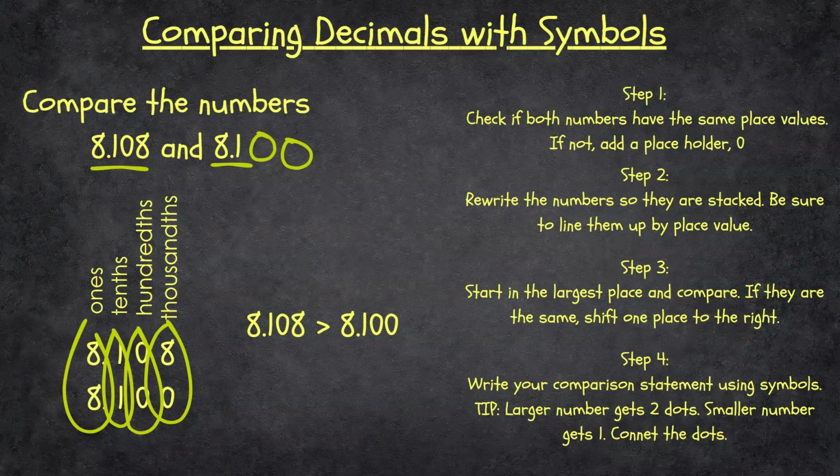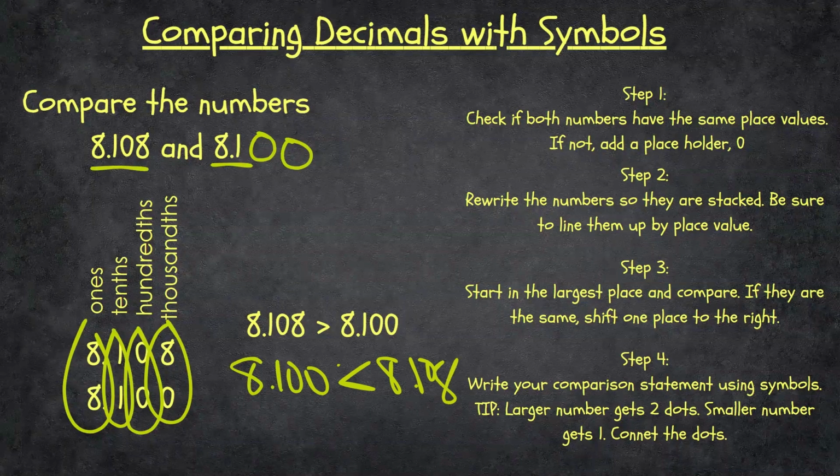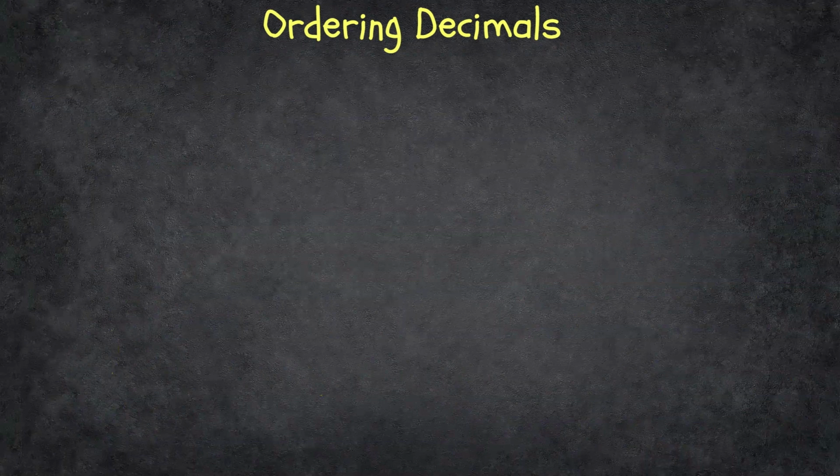Flipping that around to write our less than statement, 8 and 100 thousandths is going to be less than 8 and 108 thousandths. How'd you do on that one? Did you get it right? Good job.